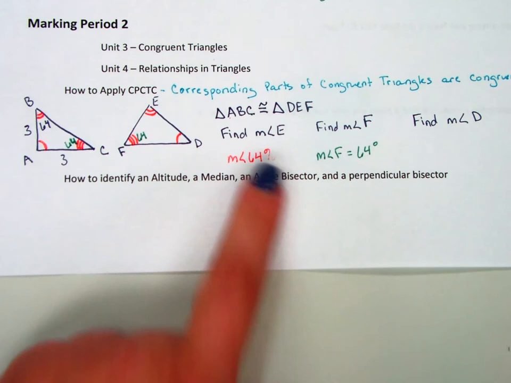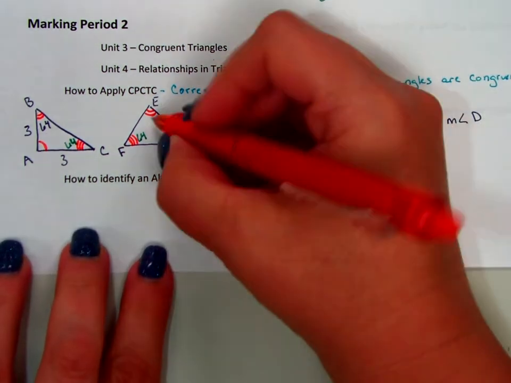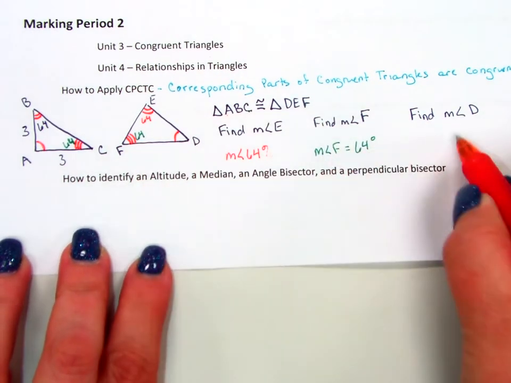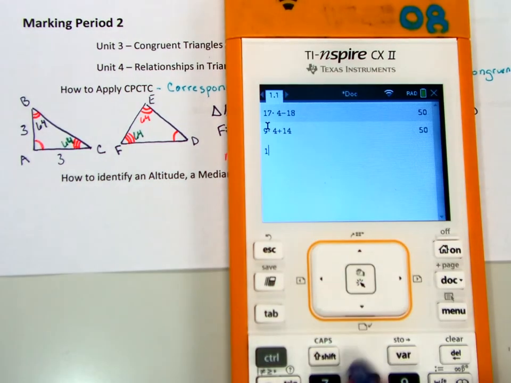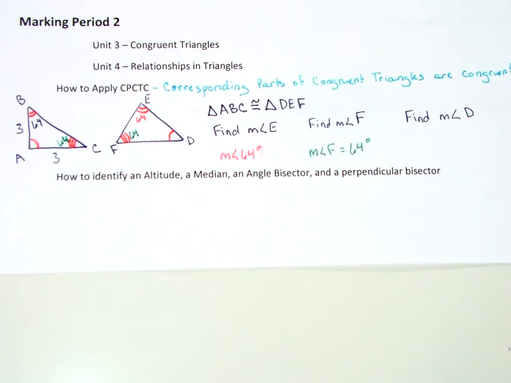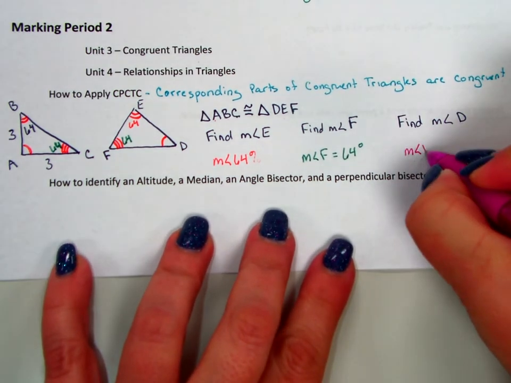Well, 180 minus 64 minus 64, because I know E was 64 and F was 64, so for the one I'm missing, D, I know the three angles in a triangle have to add up to 180. So if I do 180 and subtract those two 64s, that leaves me with 52 degrees for angle D.